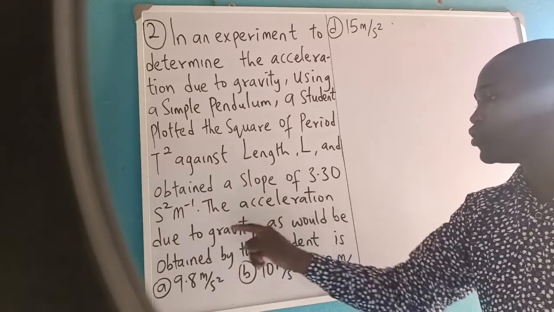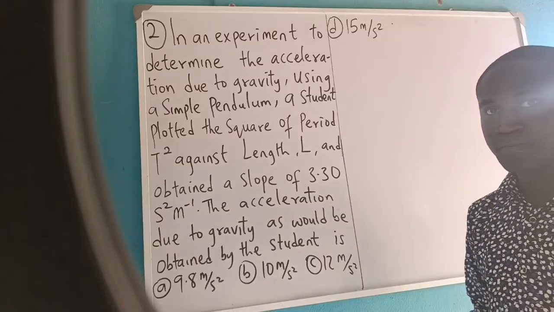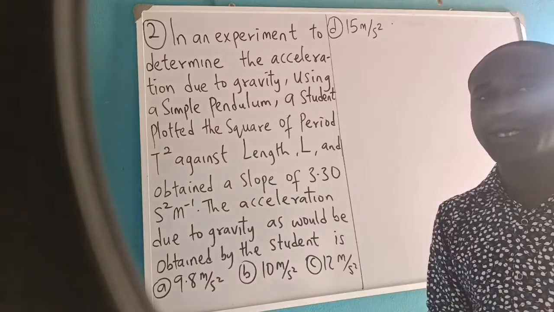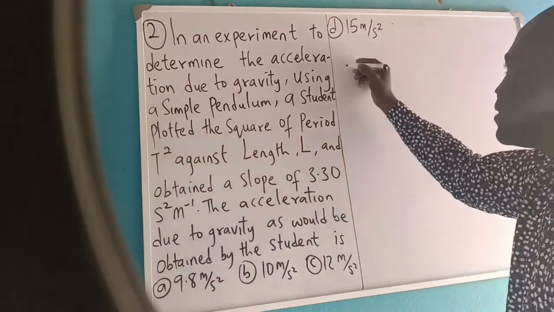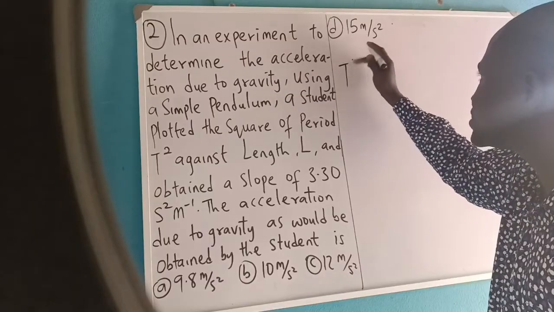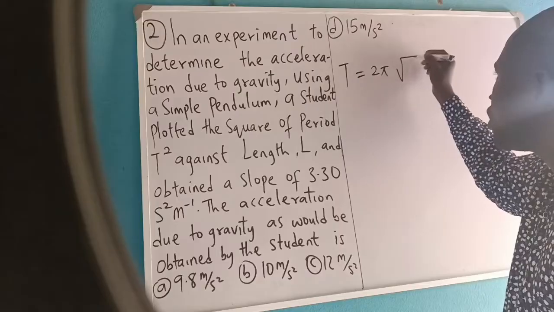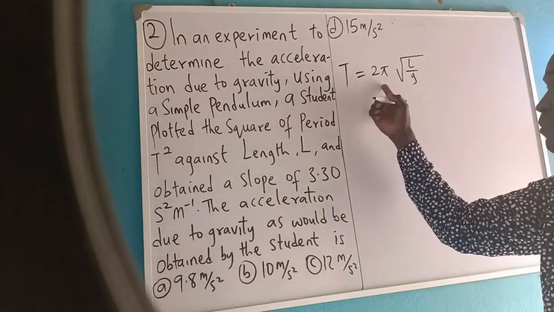The acceleration due to gravity as will be obtained by the student is what? First and foremost, ask yourself, what do I know about the simple pendulum experiment with respect to T squared and length? I recall that there is a formula that says T equals 2 pi root L over g. Yes, this formula is real.